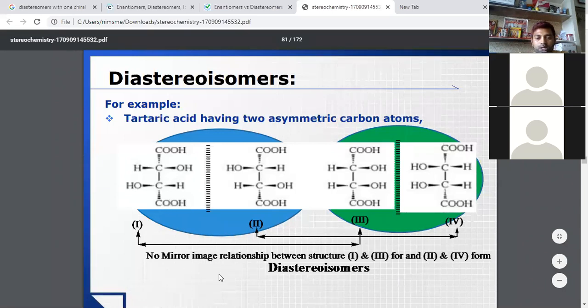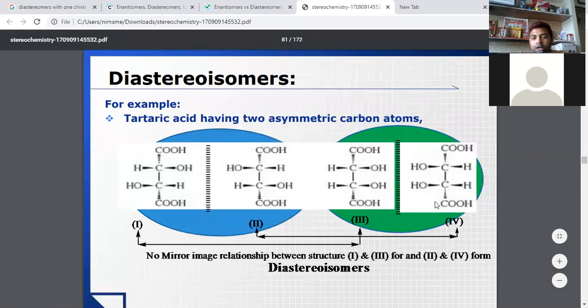If we look at the first one and the third one, this one is not the mirror image of that one, and they are not superimposable either. Similarly, there is no mirror image relationship between the second one and the fourth one.